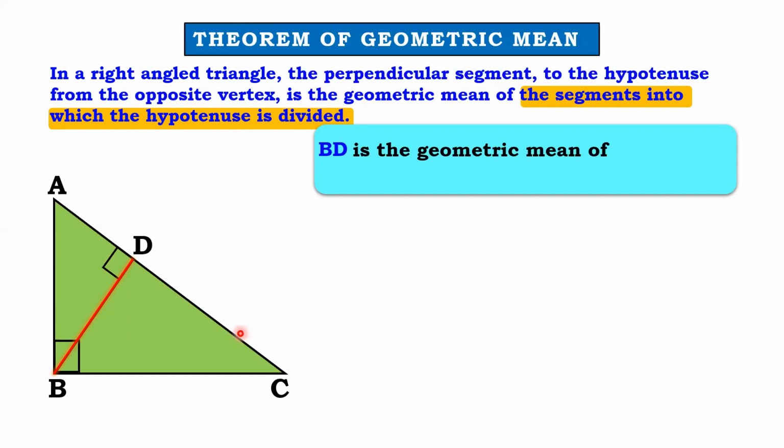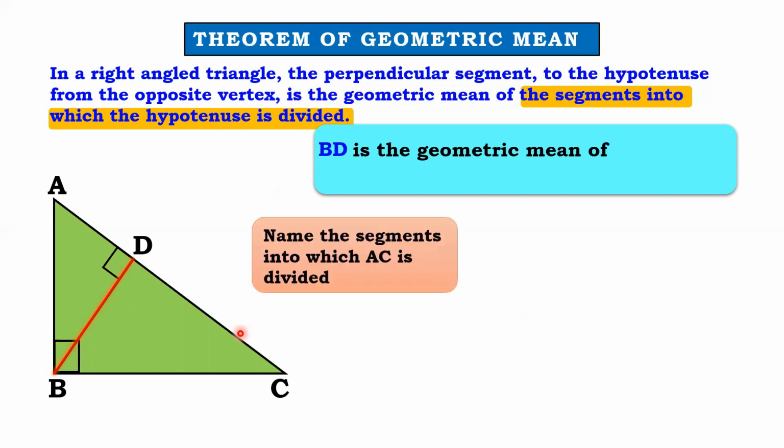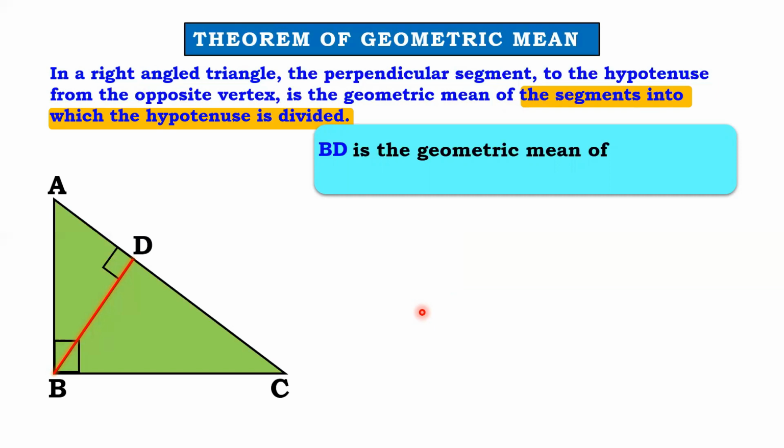If hypotenuse is AC, then tell me, AC is divided into which two parts? Yes, AC is divided into AD and DC. So here what they mean, the segments into which the hypotenuse is divided. So BD is the geometric mean of AD and DC. The geometric mean of the divided parts of the hypotenuse is BD. So BD is the geometric mean of AD and DC.